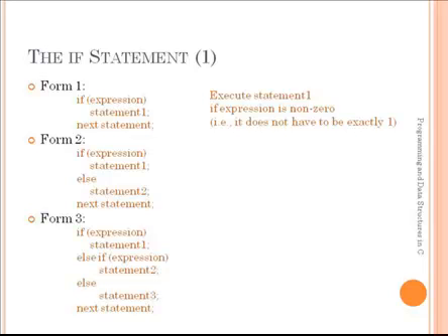Otherwise the control will go to expression 2. That means the expression is false and expression 1 is also false, so it comes to expression 2 and checks it. If expression 2 is true, then statement 2 will be executed, and after executing statement 2 it will go to the next statements.